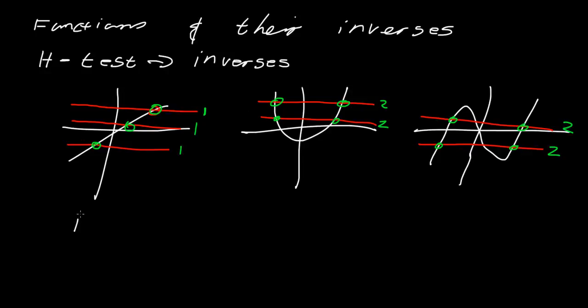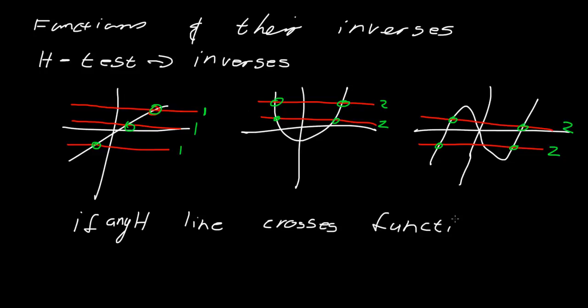It basically says if any horizontal line crosses the function more than one time, the function has no inverse.